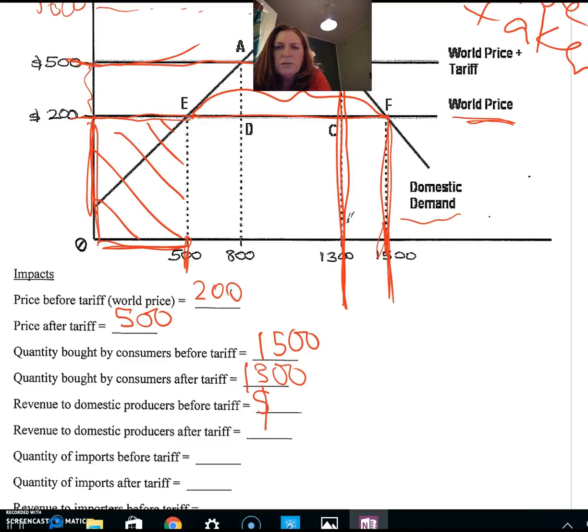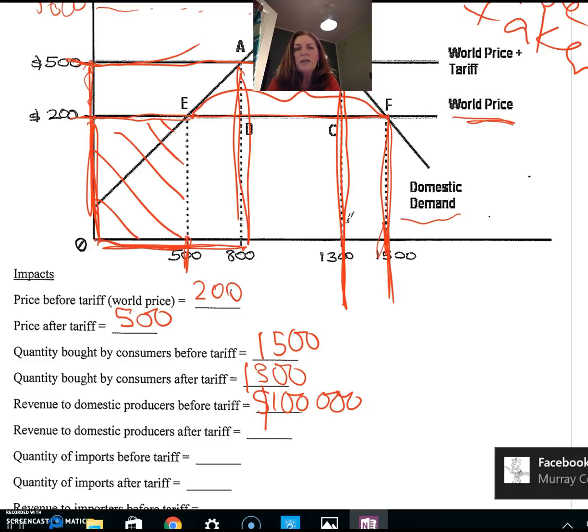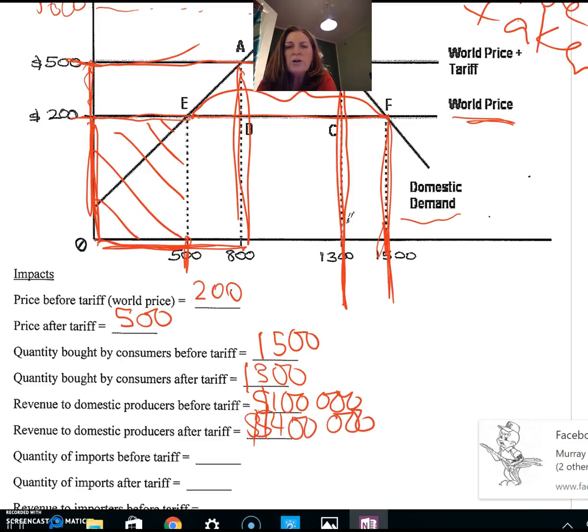After the tariff, local supply increases to 800, and those local producers are getting $500. So 800 times 500 is $400,000. Straight away you can see why the local producers would be pretty interested in lobbying for a tariff on barbecues.